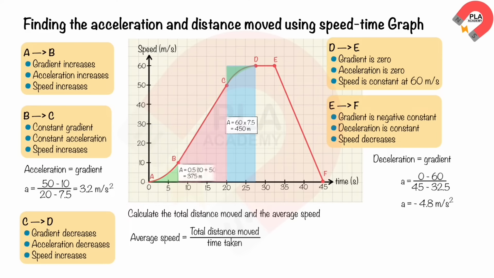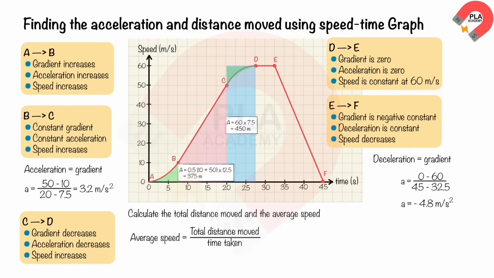So it is equal to 0.5 times the sum of 10 and 50, times 12.5, which is equal to 375 meters. The area under the graph between D to E to F forms a trapezium shape. So it is equal to 0.5 times the sum of 5 and 17.5, times 60, which is equal to 675 meters.